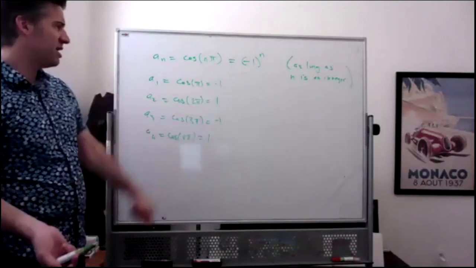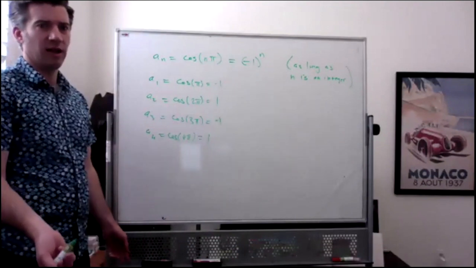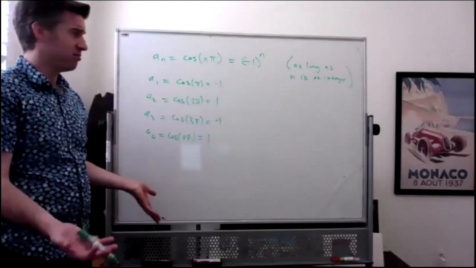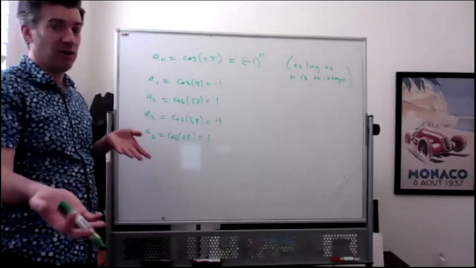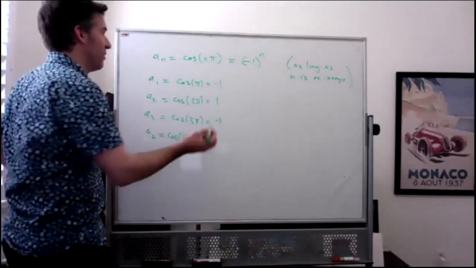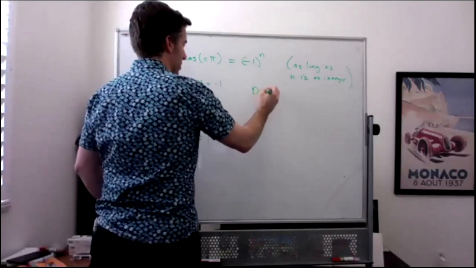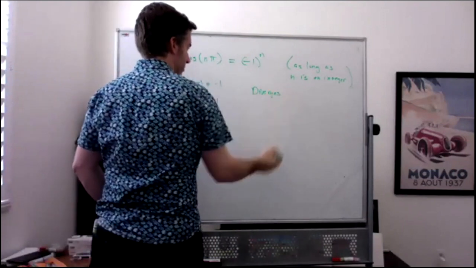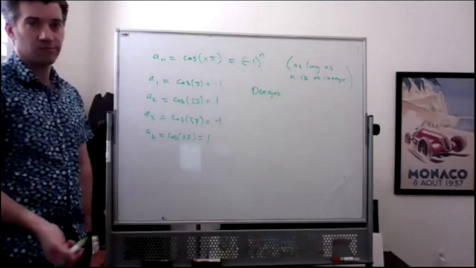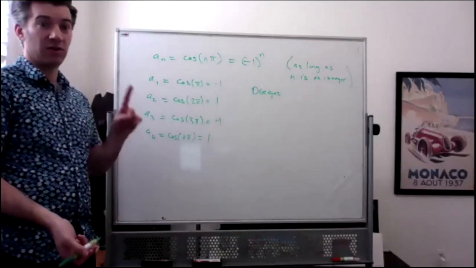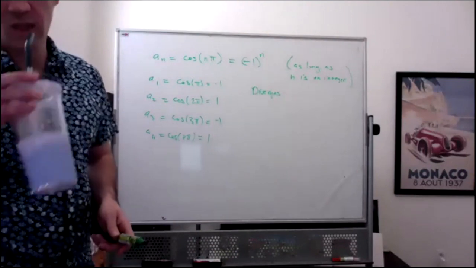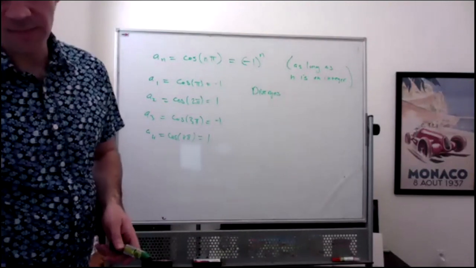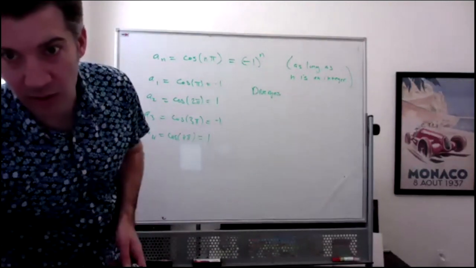But then this sequence, -1, 1, -1, 1, it doesn't converge. It just goes back and forth between -1 and 1. This definitely diverges. Right? We're not getting close to one specific number. All right, let's look at some recursive sequences.